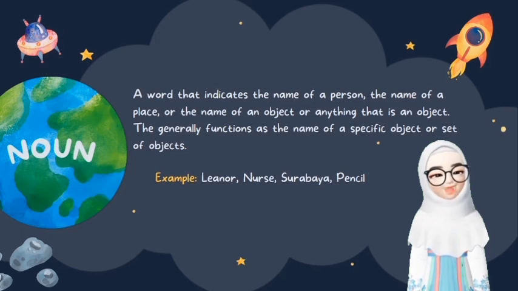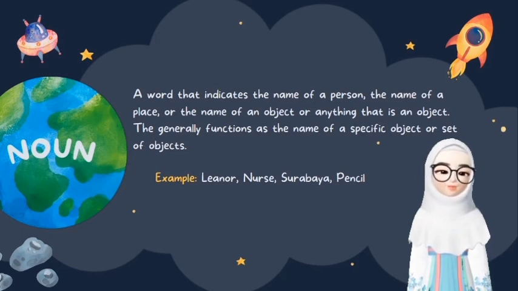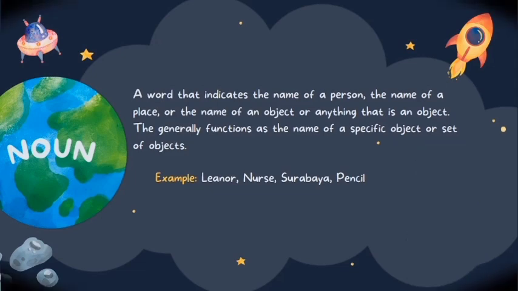Next is a noun. Noun is a word that indicates the name of a person, the name of a place, or the name of an object or anything that is an object. That generally functions as the name of a specific object or set of objects. Example, Liana, nurse, Surabaya, pencil.